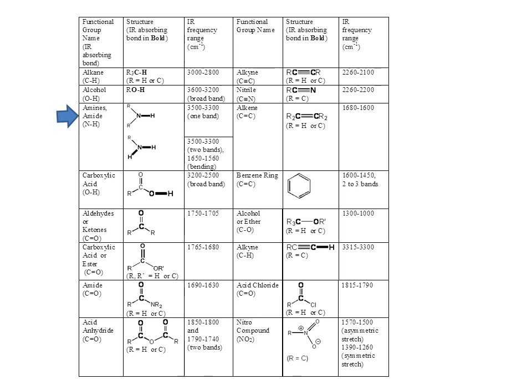But in the case of NH2, we have three bands. Two bands between 3500 and 3300 wave numbers. And that's because the NHs can either stretch in the same direction, both stretching outward and in at the same time, or one could stretch out while the other stretches in. So that gives you two different bands.